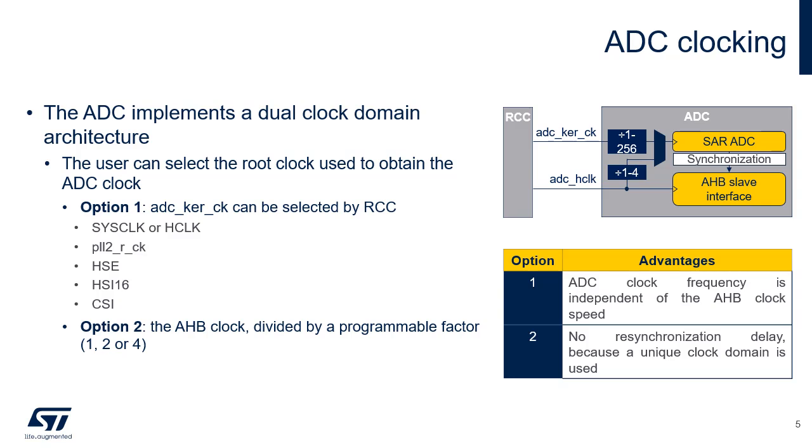The AHB interface belongs to the ADC HCLK clock domain. Regarding the digital part of the SAR ADC, there are two options. By using ADC CK, there is no limitation of the CPU nor bus clock speed. By using ADC HCLK as the reference clock, it's possible to have fixed trigger latency from the timer trigger to the start of ADC conversion.